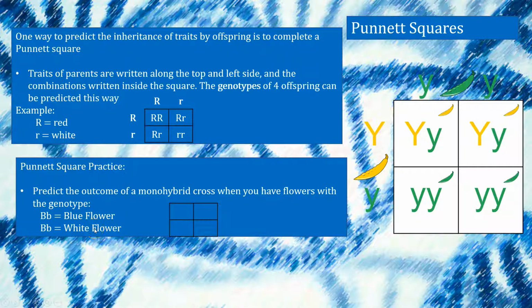Take the parent combinations here and draw a Punnett square in your handbook, putting 1 parent across the top and 1 parent along the left, remembering that the white flower should be 2 lowercase b's. This is incorrect; it should be 2 lowercase b's. Then cross them and calculate the probability of blue flowers to white flowers in that Punnett square practice.